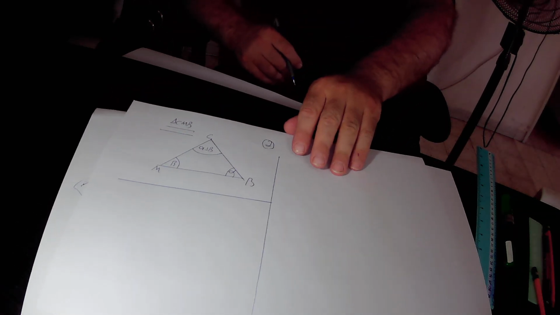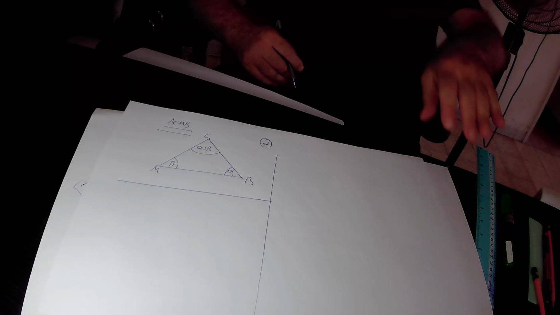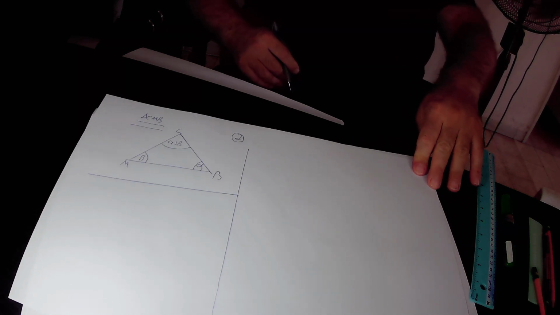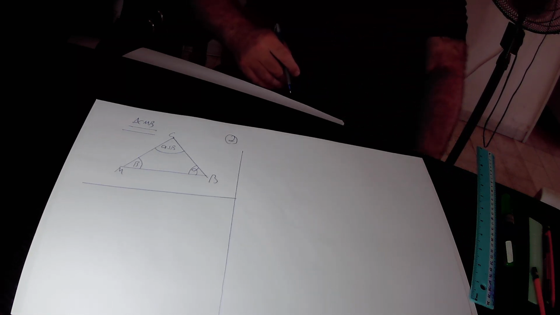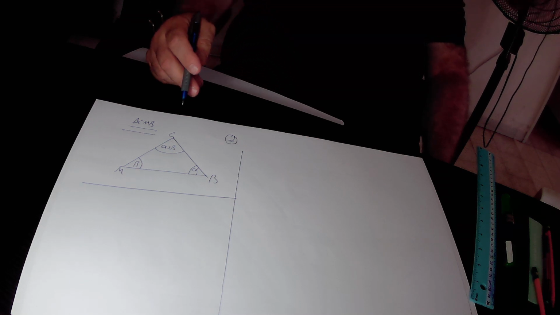Actually, this is the big triangle CMB that I copied from the original drawing. So we know that the sum of the angles in any triangle is equal to 180 degrees. It is true in any triangle, and especially it is true in this triangle, triangle CMB.